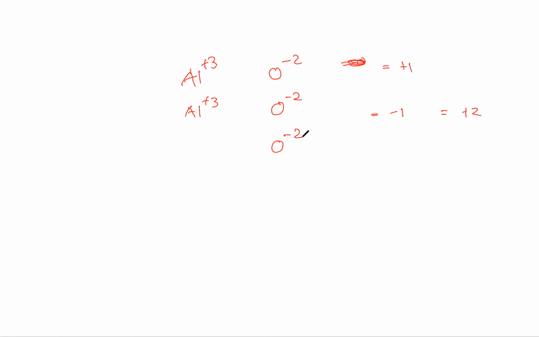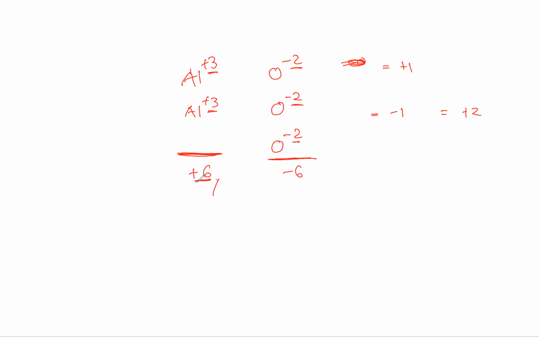That's all I'm doing. So now if I look at the positive charge, what is the total? +3 and +3 would be +6, right? On the other side, what is the total negative charge? -2, -2, -2 would be -6.